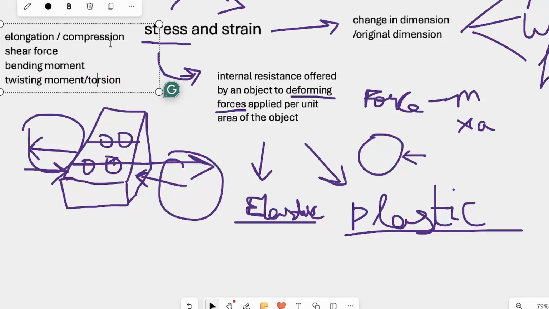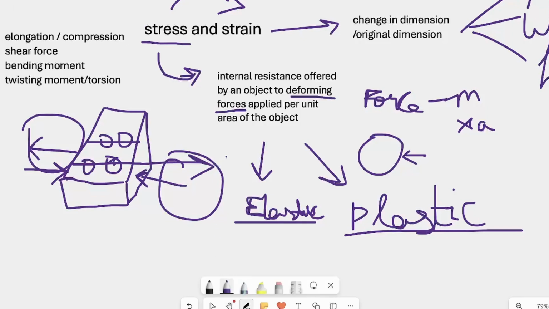So this elongation or compression happens when you apply some normal forces. They will be normal to this particular side of that material. This is a tensile force and this is nothing but a compressive force. This tensile force develops some tensile stress. This compressive force will develop some compressive stress.